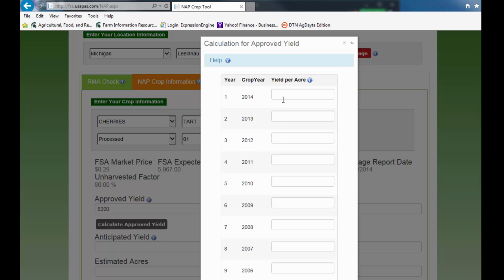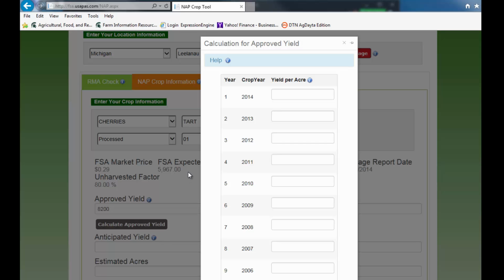If 2 years are missing, or otherwise you have 2, and it's important, consecutive years, then the other 2 years would be filled in with 90% of the county expected yield. If the last 3 years are available and it's only 4 years ago that you are missing, they will plug in 100% of this county expected yield. So that's if you don't have your yield.